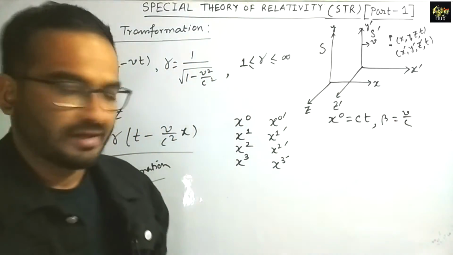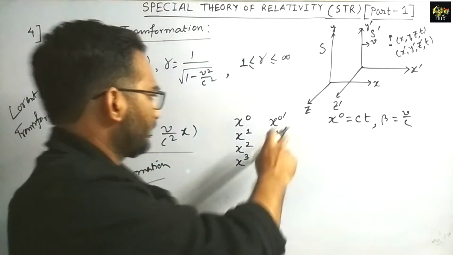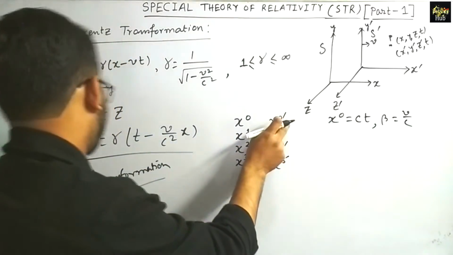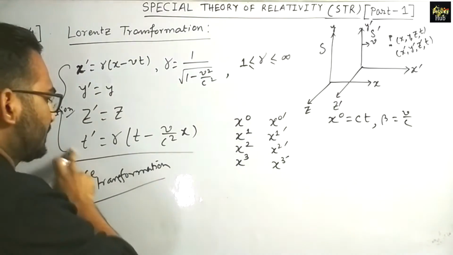Now we are trying to write this transformation in terms of these 4 vectors. So how can we write? Let's suppose we are writing for x0 prime. Just multiply both sides with c. So c t prime.